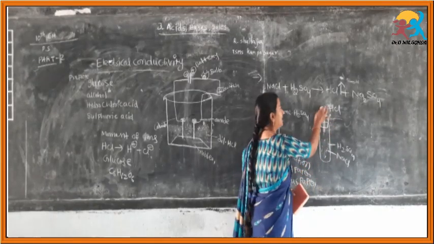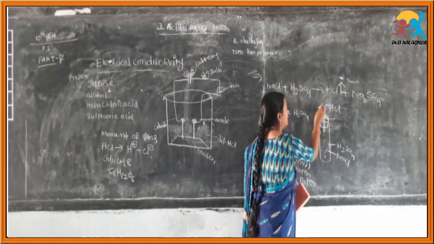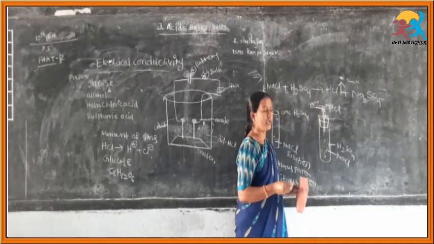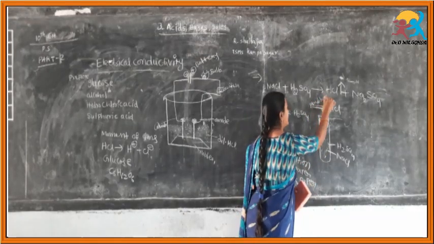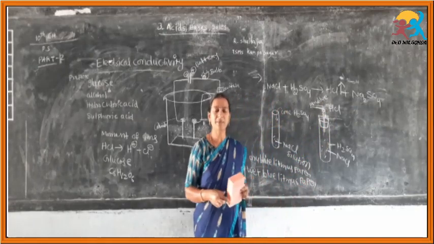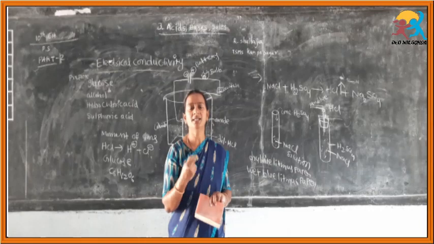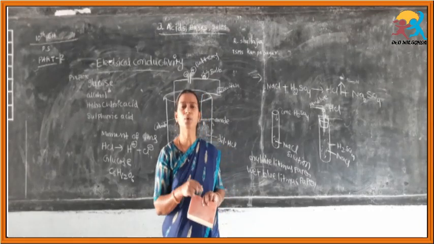At the open end of this capillary tube, first you place dry blue litmus paper. In the second case you keep wet blue litmus paper.